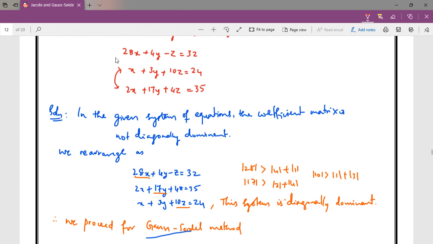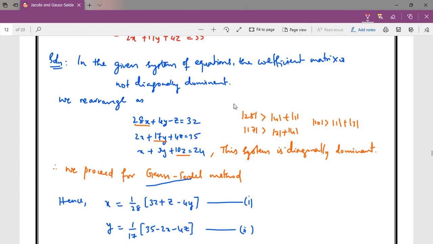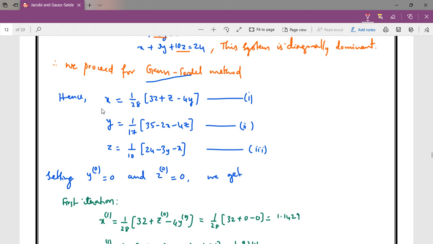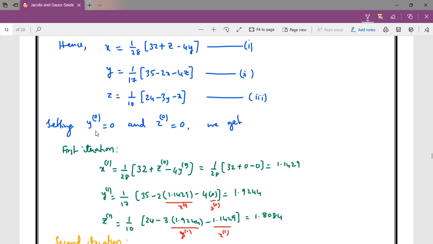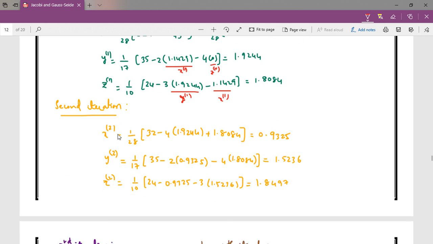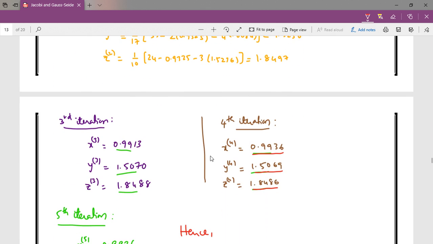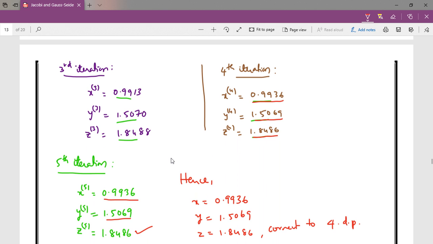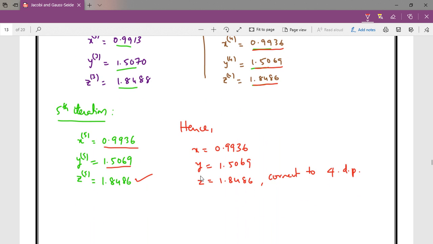So we have solved the given system. This is the given system of linear equations and it is diagonally dominant. Therefore we have solved for xyz, and with the initial values y0 and z0 we started the first iteration, then moved to the second iteration and seen the third, fourth and fifth iterations, and we have seen that the fourth iteration and the fifth iteration are almost the same.